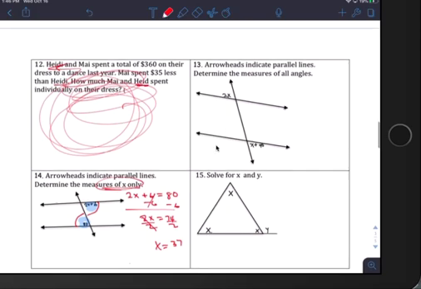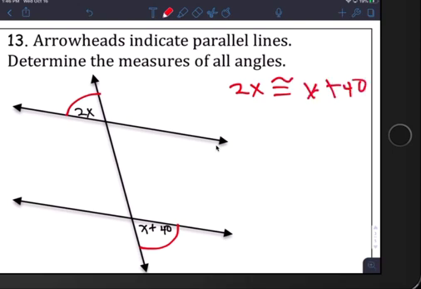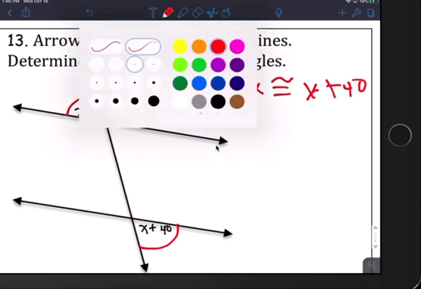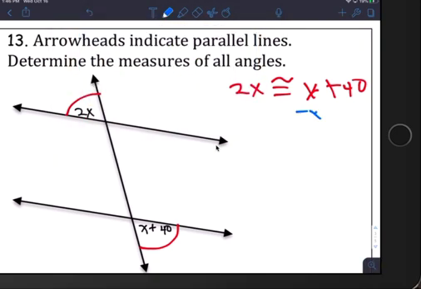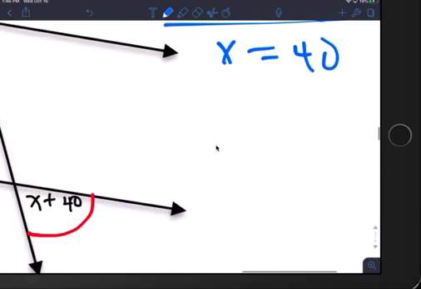Okay, number 13. Number 13 is here. Alternate exterior are congruent, so you put 2x is congruent to x plus 40. Okay, you minus x, you get x equals, or 1x equals 40. All right, so x is 40. Here it says determine the measure of all the angles. So you have to find all the angles. So x is 40 here.